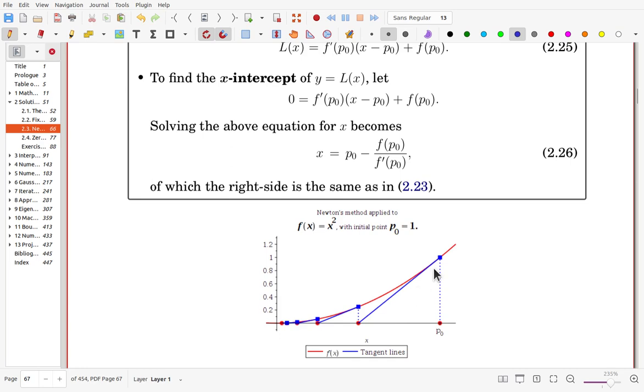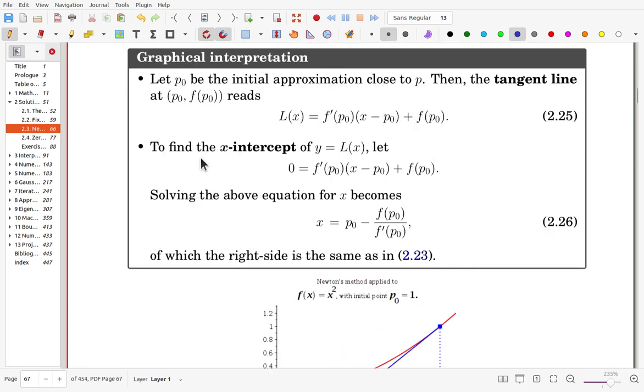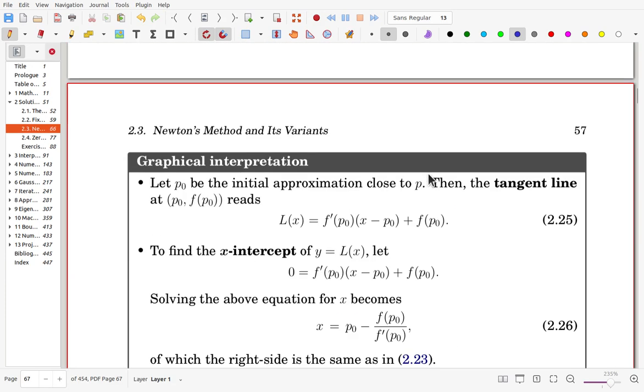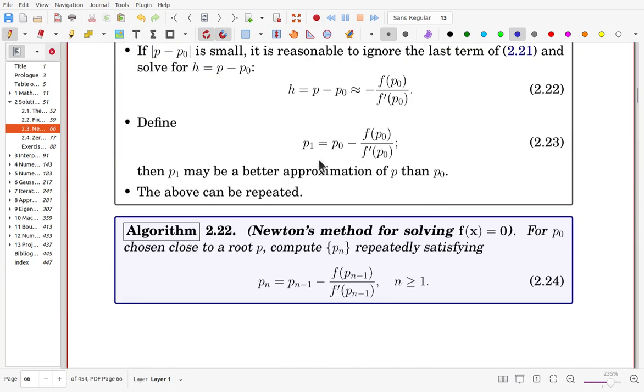This is the tangent line. And we find the x-intercept of the tangent line L of x. And so we set it equal to 0 and solve the equation for x. Then pictorially, that point x, if we compare with the earlier one, is p1.